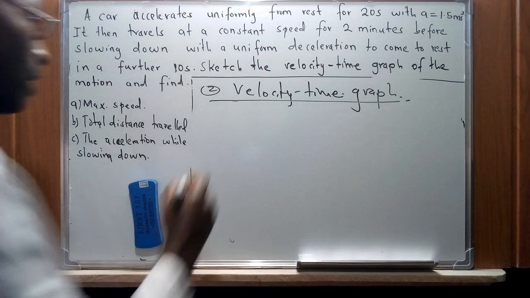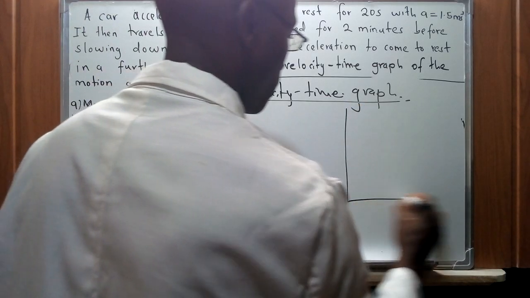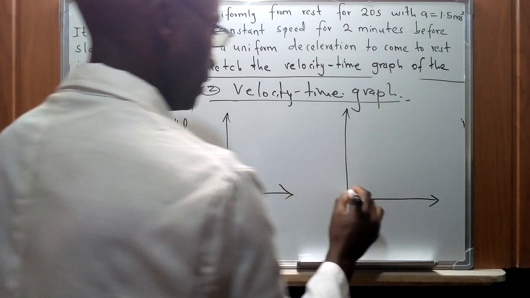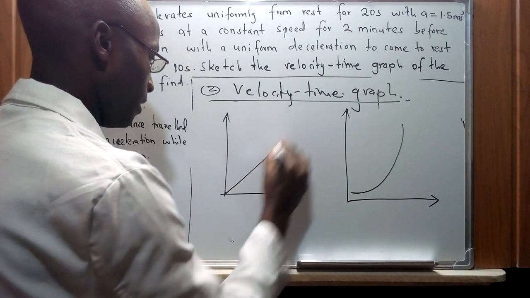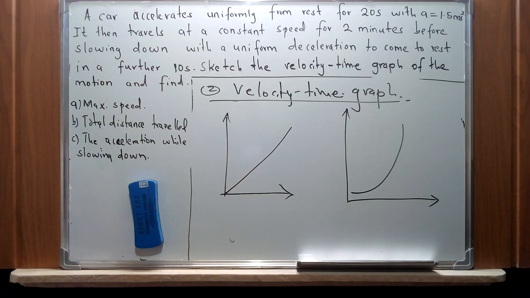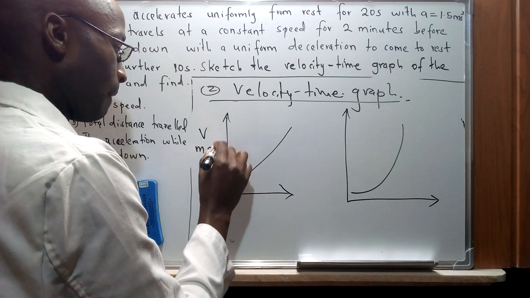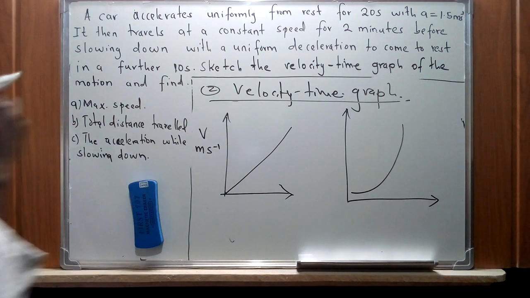So in this case, we are going to see two sets of graphs. The first one will be like that, and the second one will be like that. For the first case, we find that this is a straight line. Now velocity is in meters per second, while acceleration was in meters per second squared.